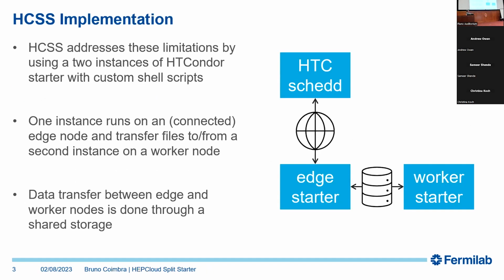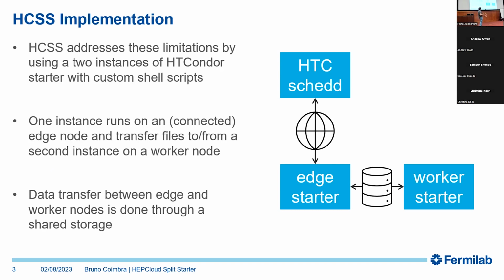So the way the Split Starter solves this issue is actually pretty smart. What we do is that we basically split the starter in an edge node or a login node, which is something that hopefully we can request from the HPC site we're trying to run on. And then we start another portion of it on the worker node.